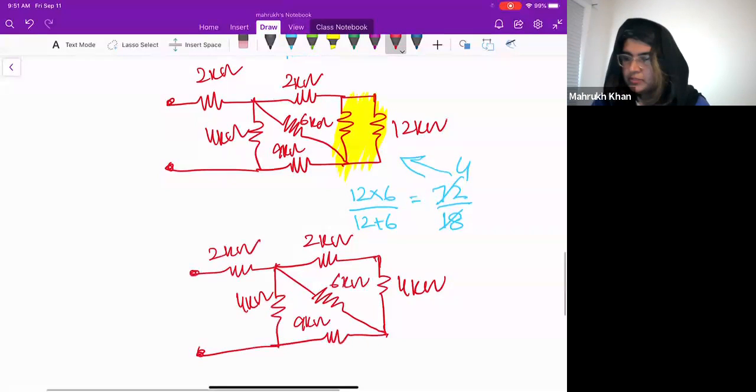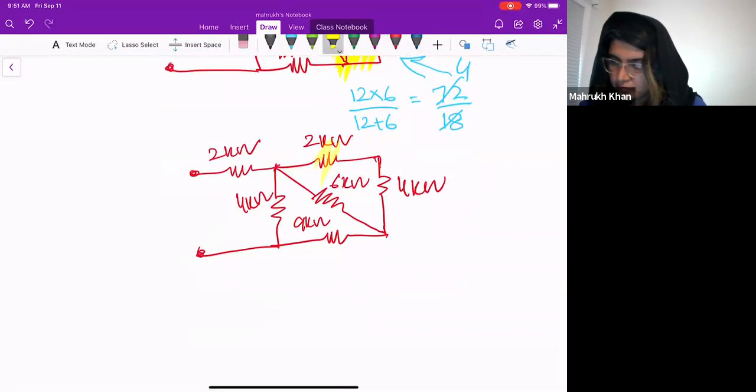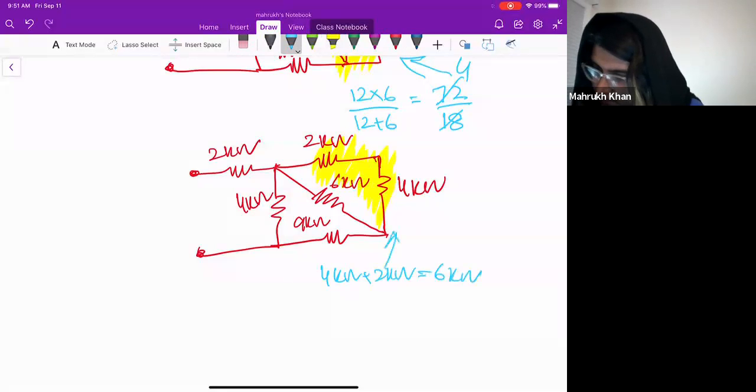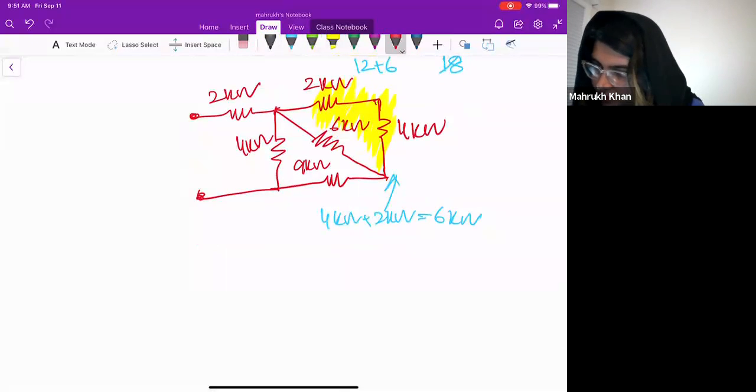Okay. So now these two resistors are in series. So this will be 4 plus 2. Right? So I will do that.